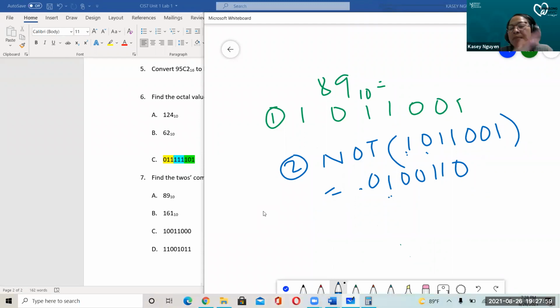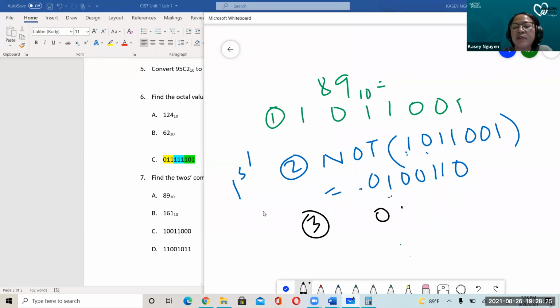So once you flip the bits, you get the opposite of what you started with. Then you are at the ones complement. Then we are going to move into the third step, which is now we're going to take the result from the ones complement and we're going to add 1 to it.